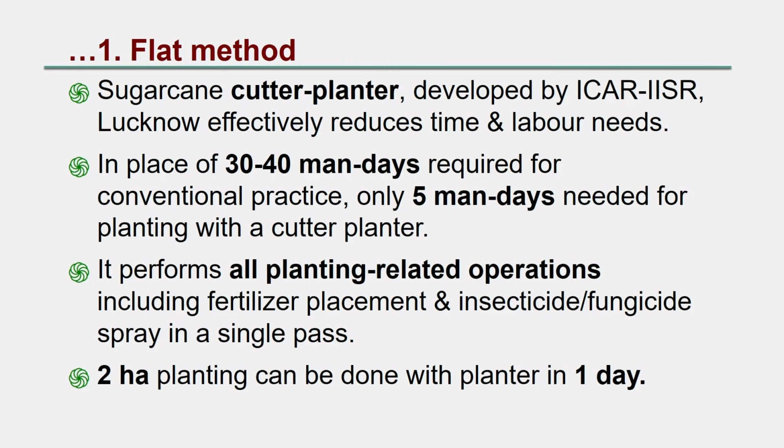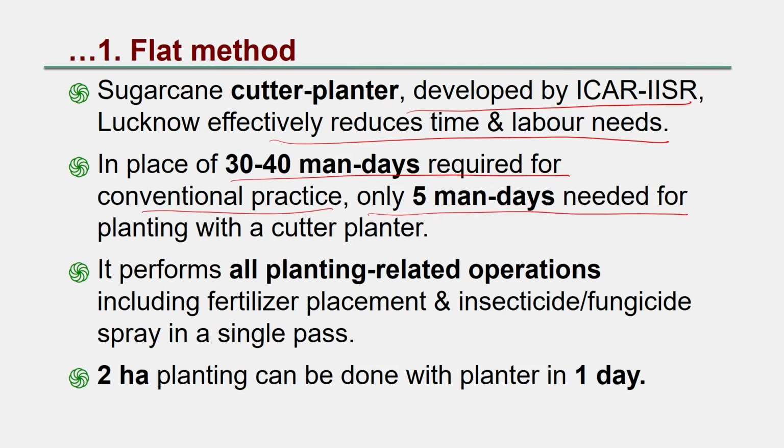In this continuous flat method of planting, the sugarcane cutter planter developed by ICAR IISR Lucknow effectively reduces time and labor needs. In place of 30 to 40 man days required for conventional practice, only 5 man days are needed for planting with a cutter planter.